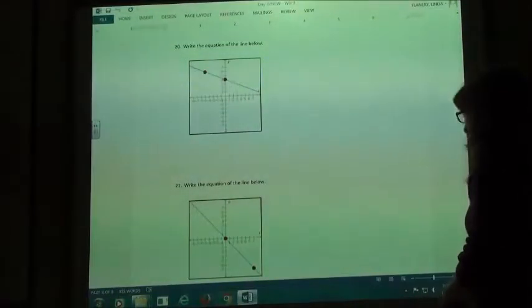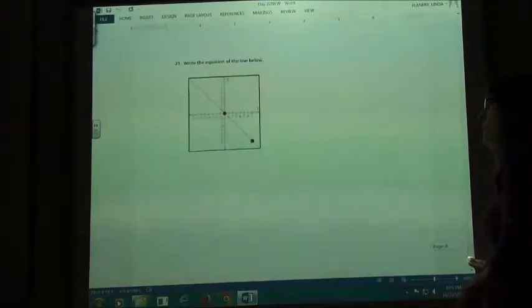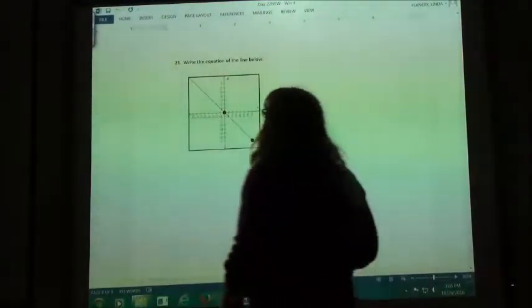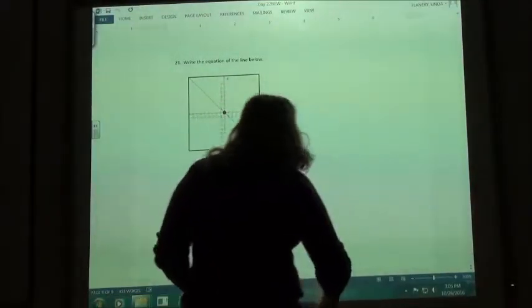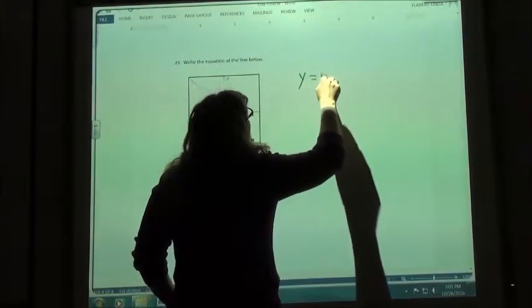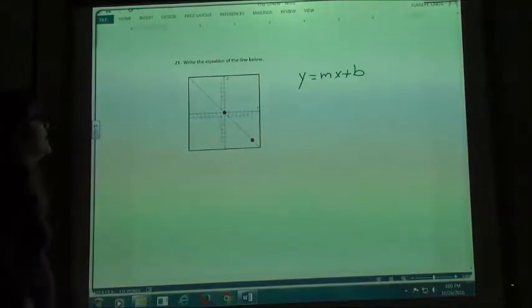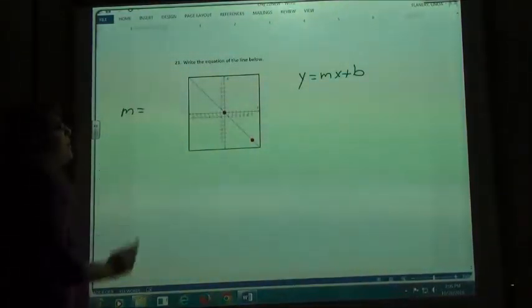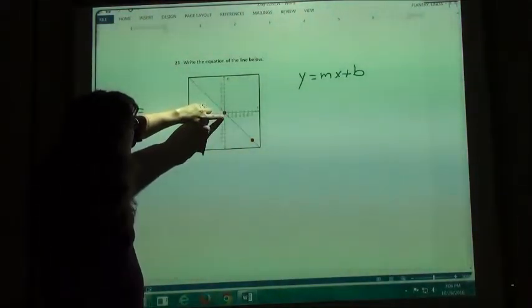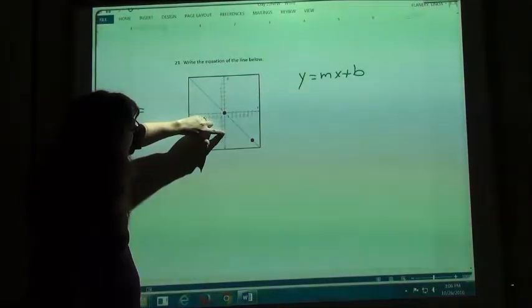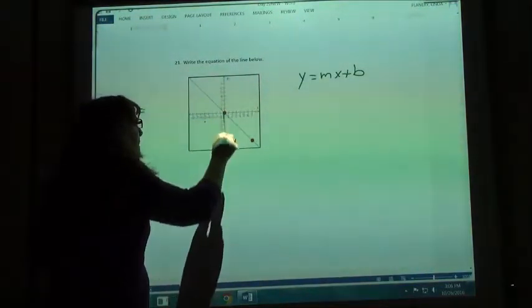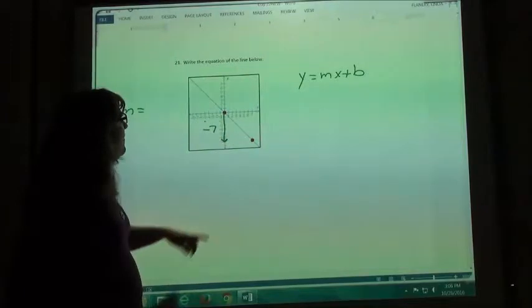And last one here, I'm going to move that up a little bit. Number 21, I'm going to again write the equation of my line. I know I want it in slope-intercept form. So in the form of y equals mx plus b, my slope. I am going to go 1, 2, 3, 4, 5, 6, 7 down. So -7.